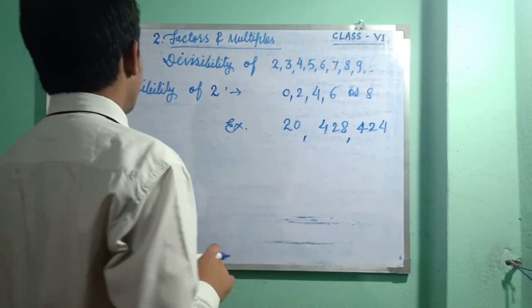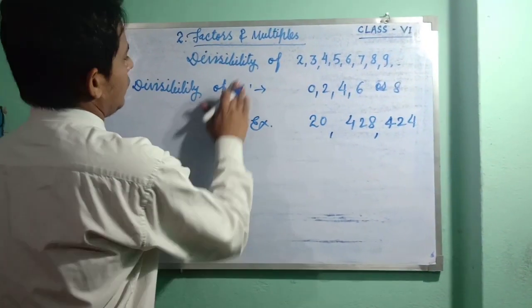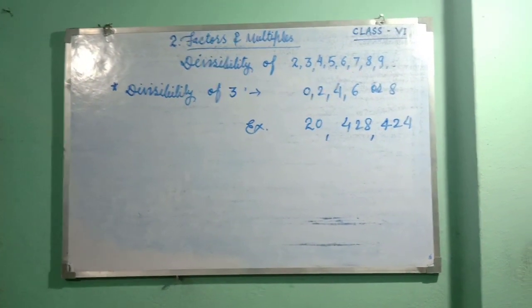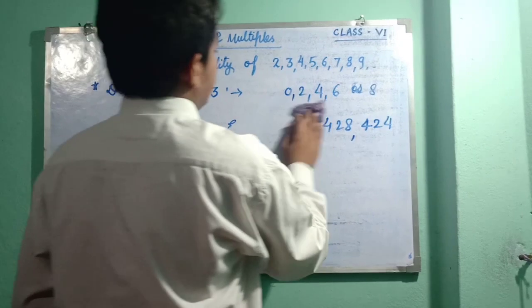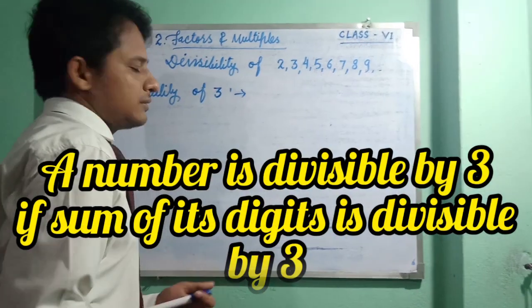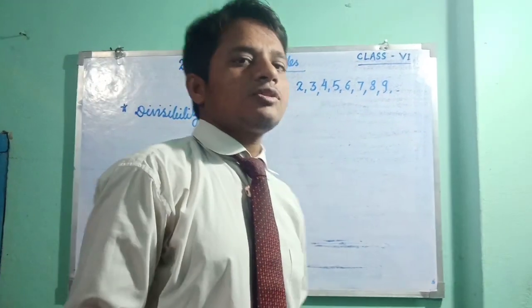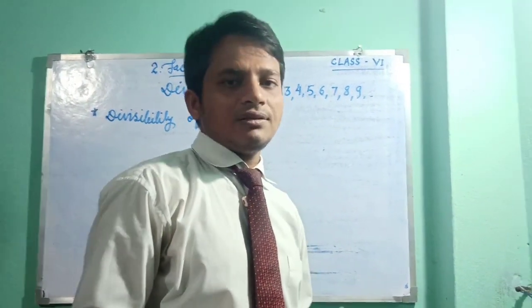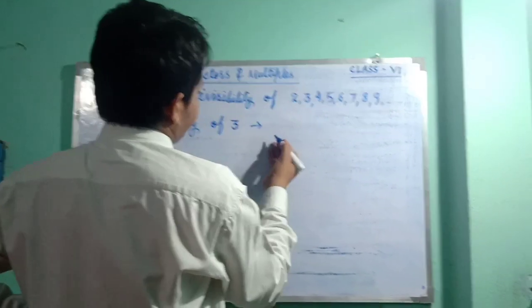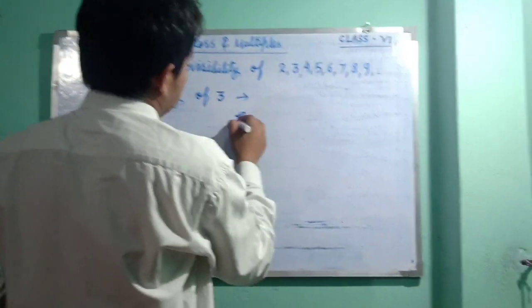Okay. Now next, divisibility of 3. A number is divisible by 3 if the sum of all its digits is divisible by 3. Now let us take an example.